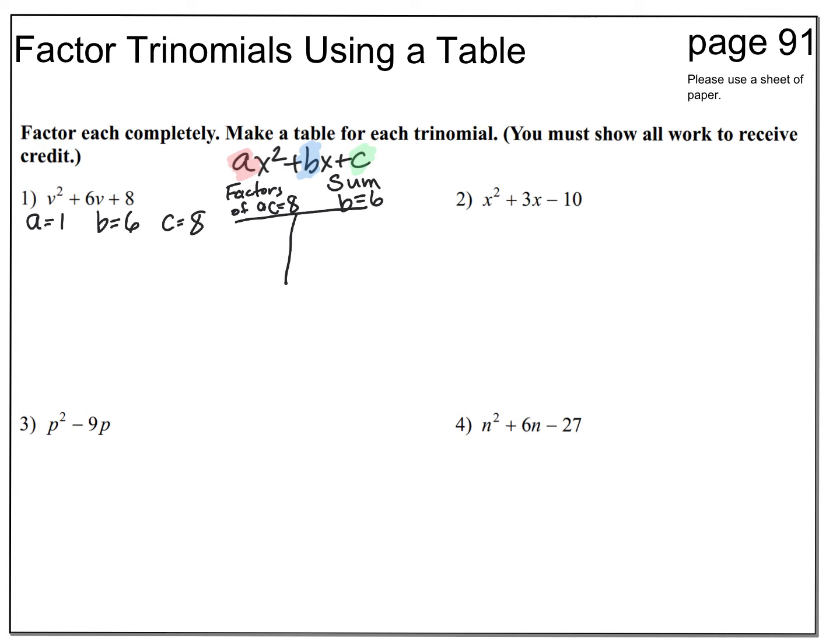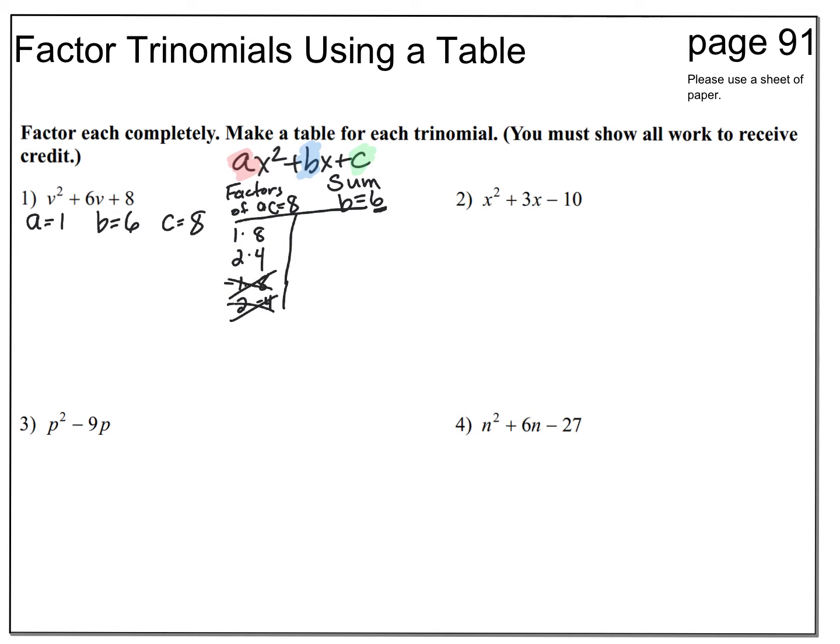Factors of 8. Positive 1, positive 8. Positive 2, positive 4, and that's it. Now, I know that I don't have to have negative 1 and negative 8, so you don't have to write that down, and negative 2 and negative 4, because my sum is a positive, so I do not need these negative factors.